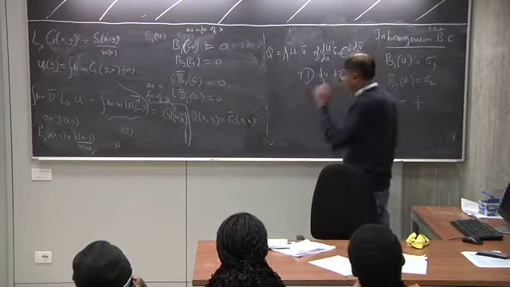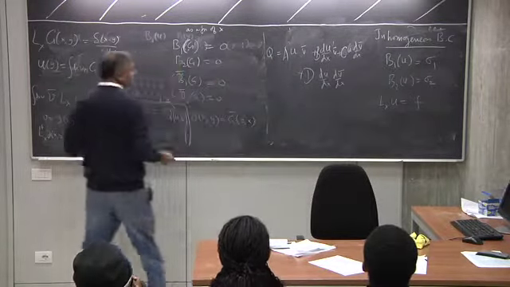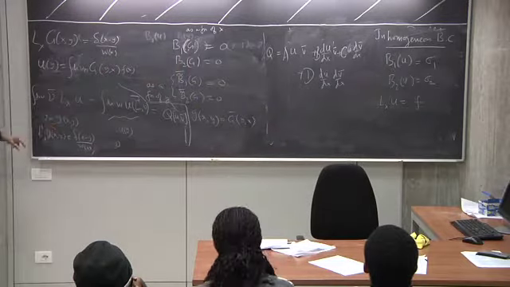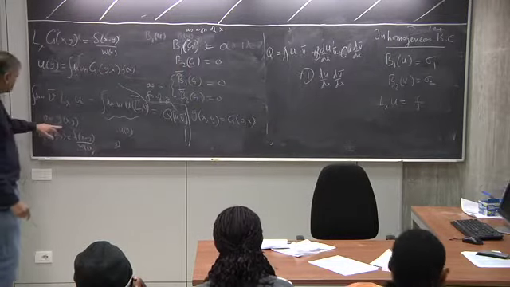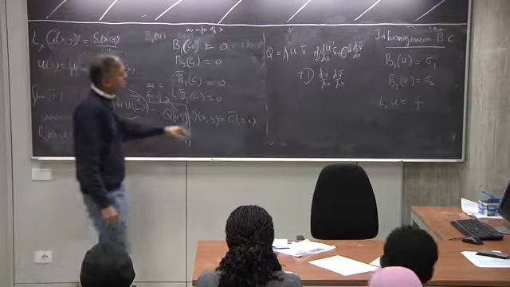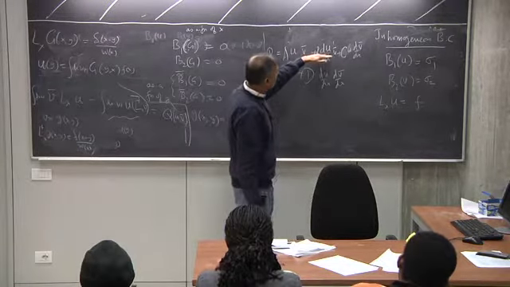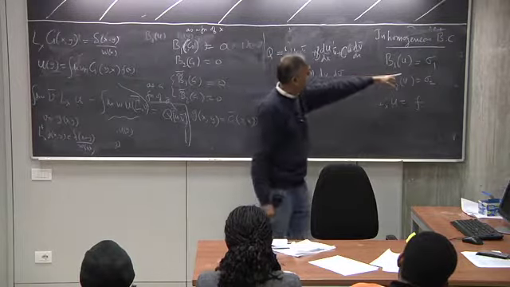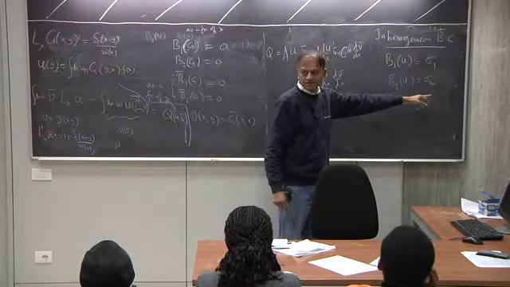Now we are using this G for the V, and for the U, instead of using the homogeneous boundary condition, we use this sigma 1 and sigma 2.